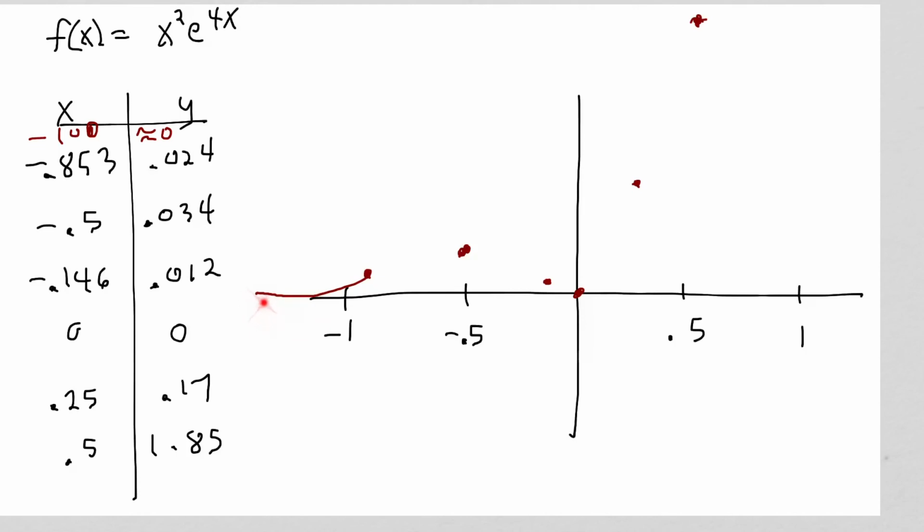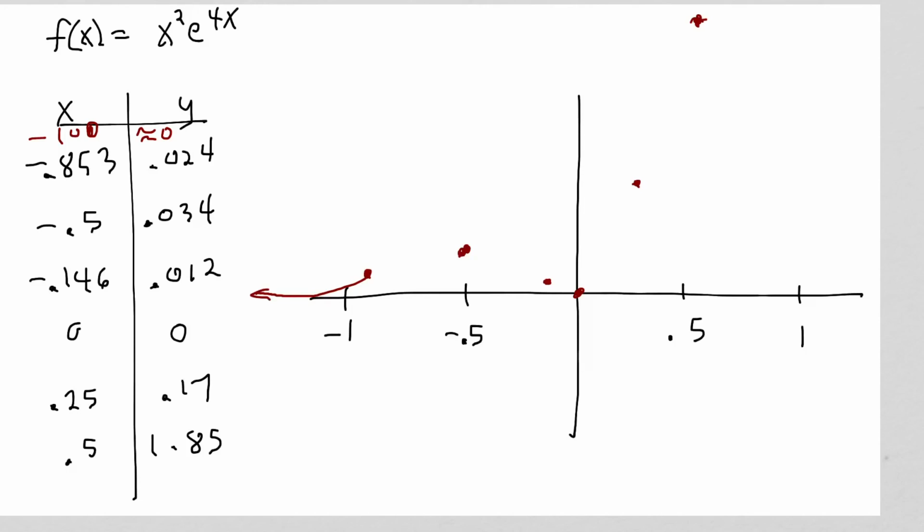I stuck in negative 100, and my calculator gave me 0. So it's not exactly 0, but it's very, very close to 0. So it's going to have asymptotic behavior at this x-axis. So that's why I drew it like that.